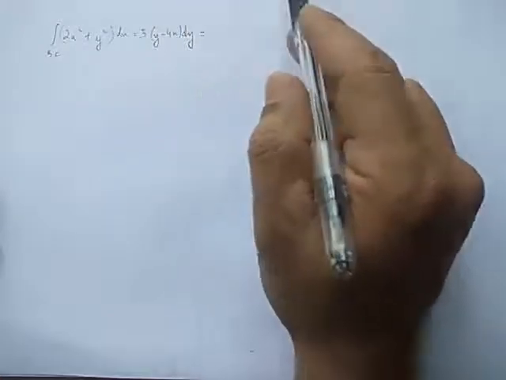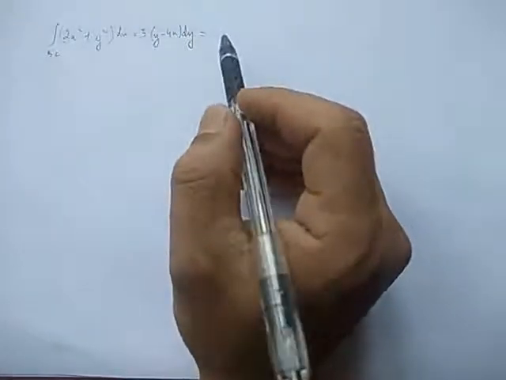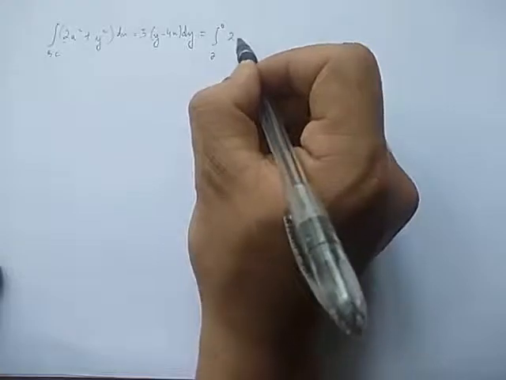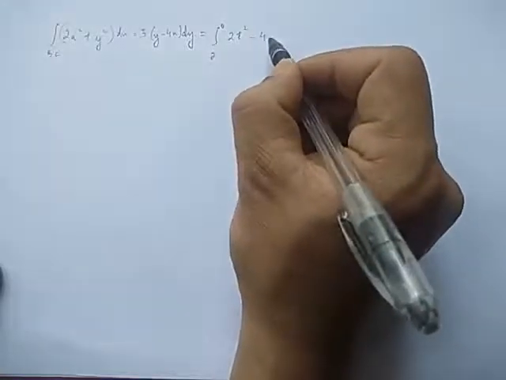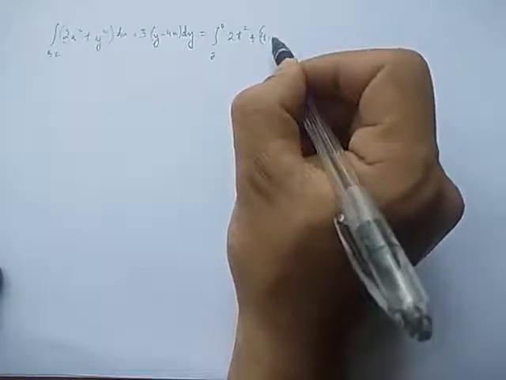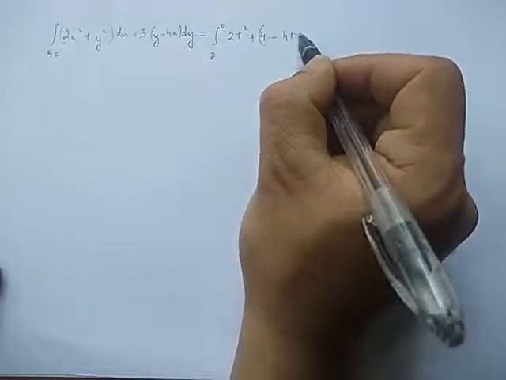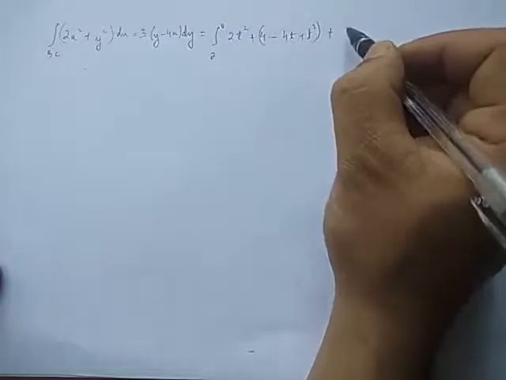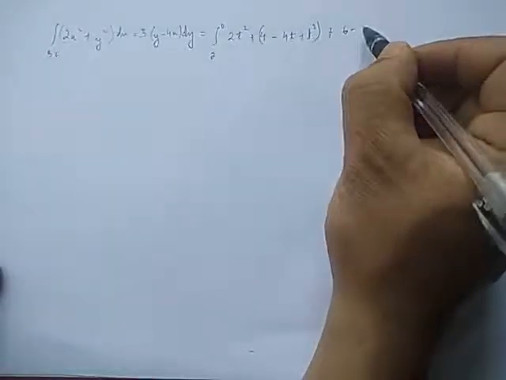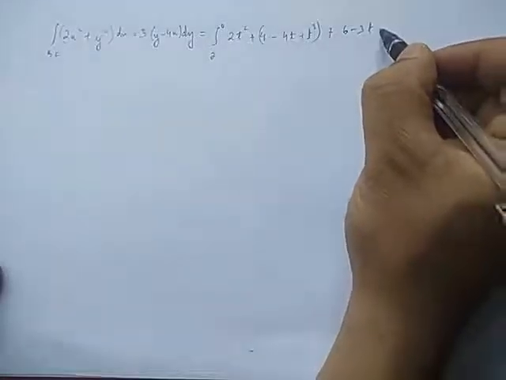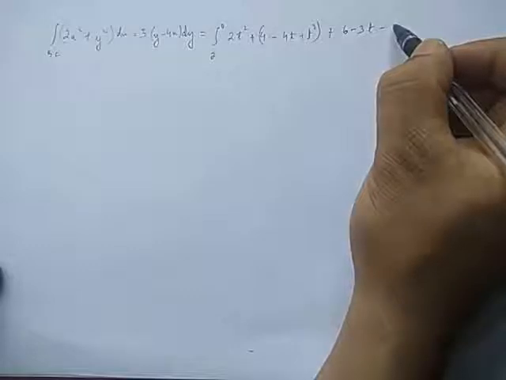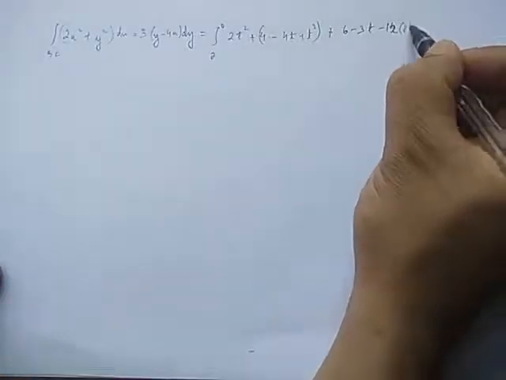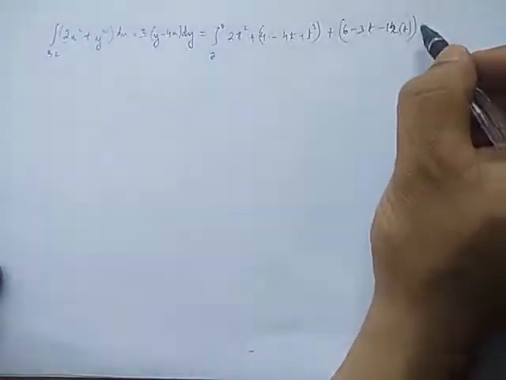This will be, as before, from 2 to 0, 2t squared plus 4 into 4t plus t squared, plus 6 minus 3t, minus 4 into 12t.